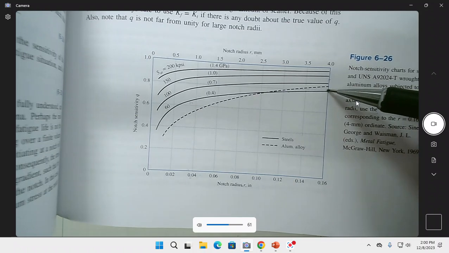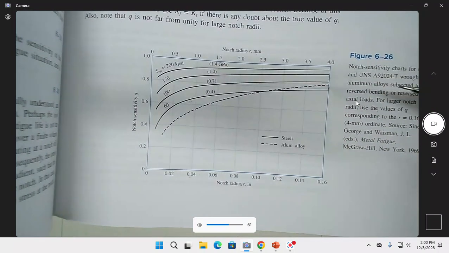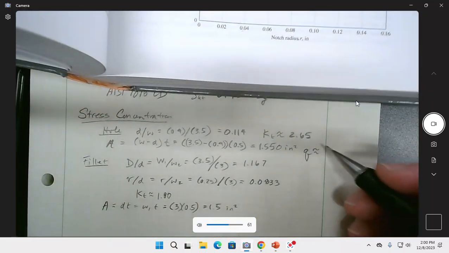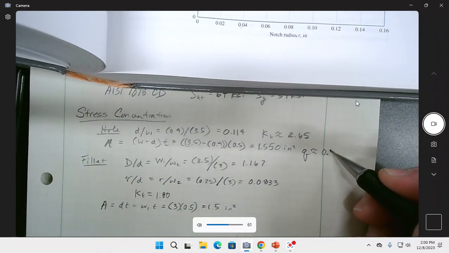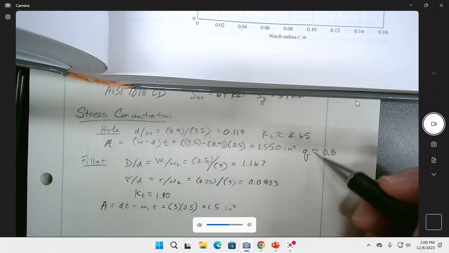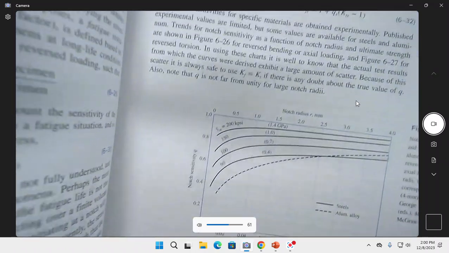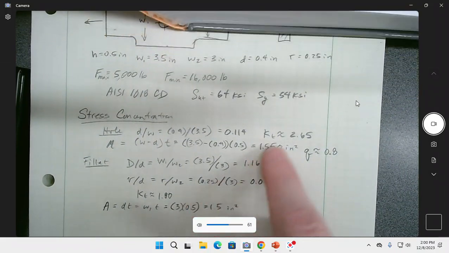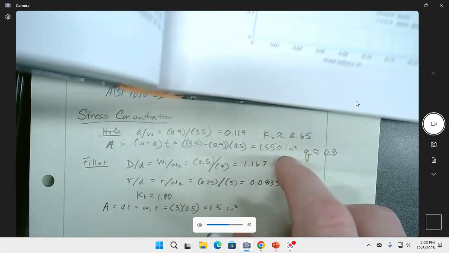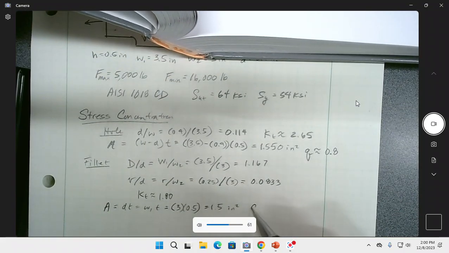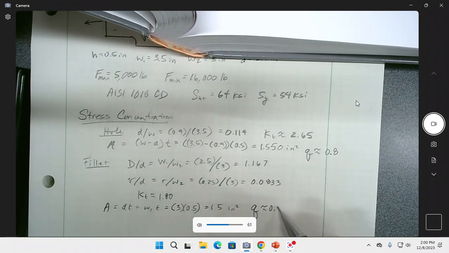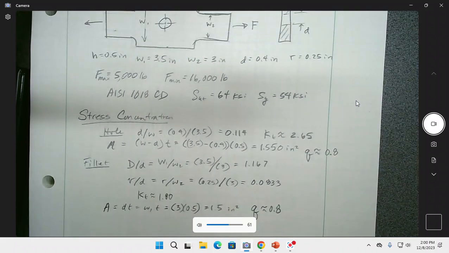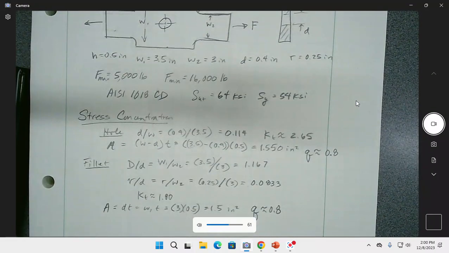I'm going to go 0.8. Is that okay? Sure. So for that one, 0.8. I can always just say I use the little squiggle thing. The other, we got a radius of 0.25. That too is not on there, so it also gets a squiggle, 0.8. We'll see what the book says later.